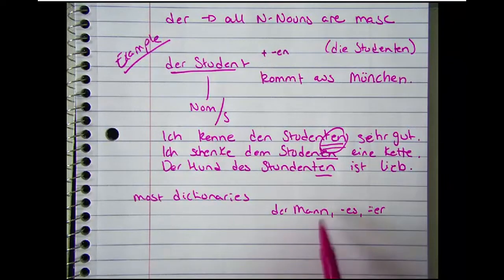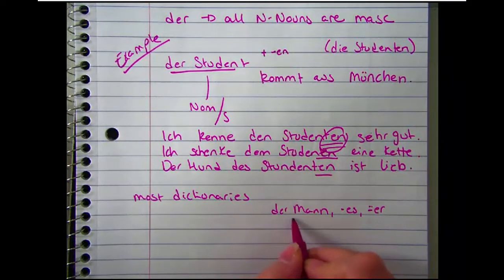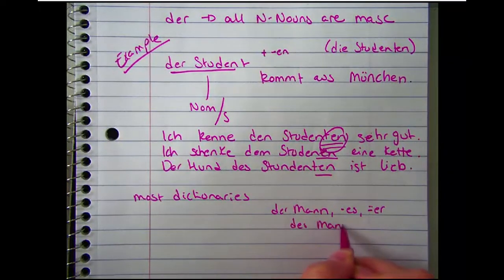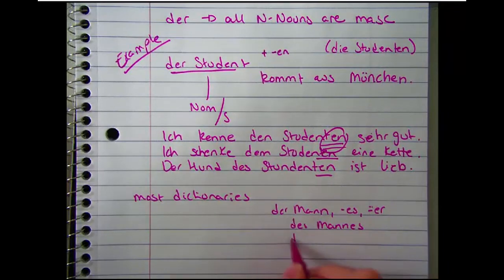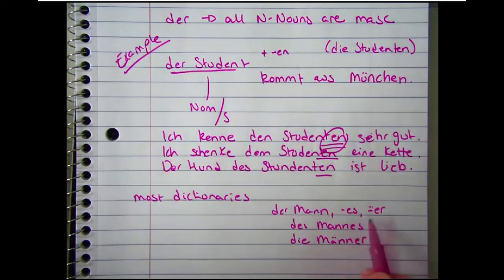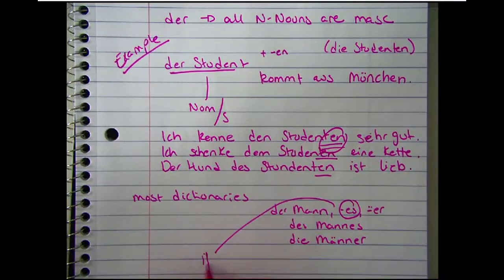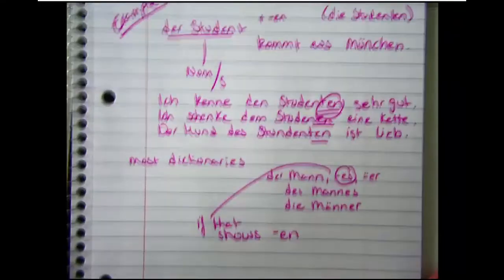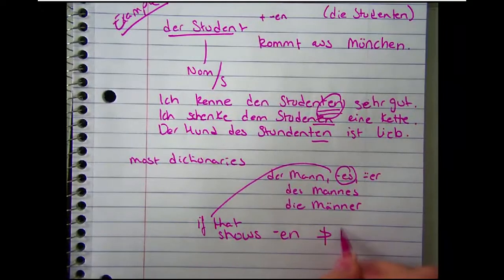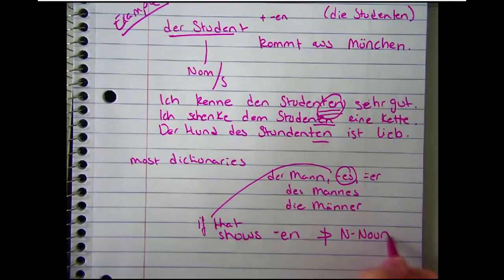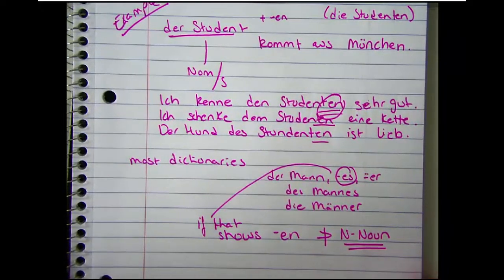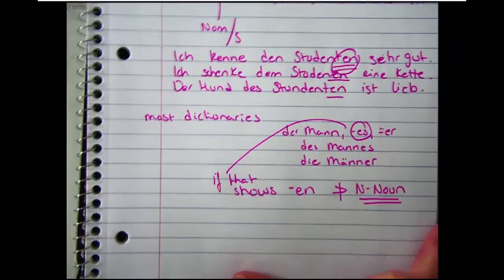So in this case, we have genitive des Mannes and plural die Männer, if you're reading that correct. Now, if this genitive ending shows you an en, that means it is an end noun.